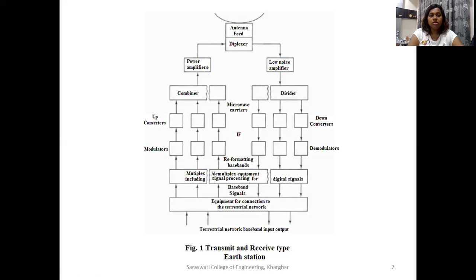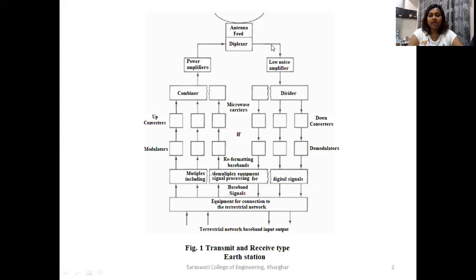Now, looking at the receiver chain of this transmit receive type Earth Station, the signals are received through the antenna and feed system and through the diplexer, and are given to the low noise amplifier first.